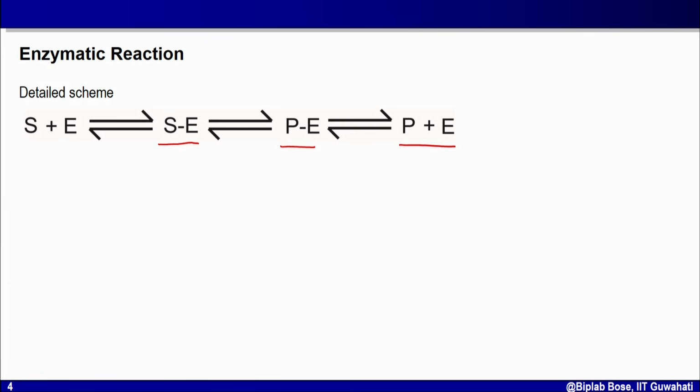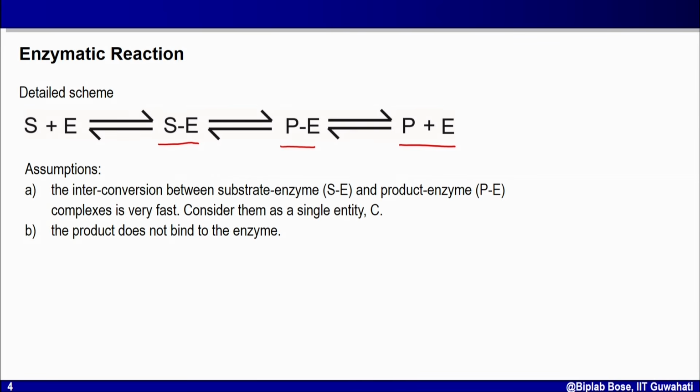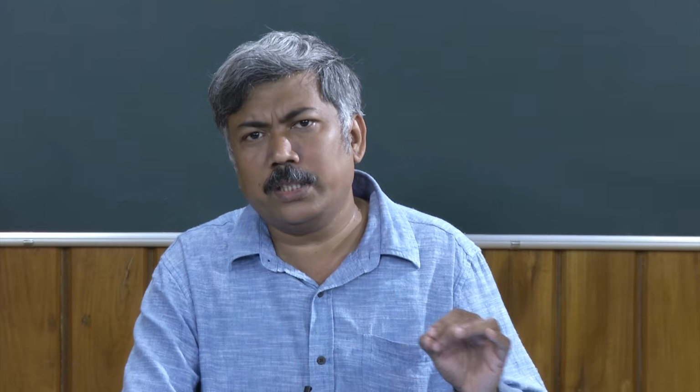Now I can make certain assumptions here which are rational assumptions, and I can reduce this system further. What can I assume? I can assume that SE and PE, this conversion, substrate enzyme complex and product enzyme complex conversion, is very fast, and in fact it is very difficult even in experiment to identify substrate enzyme complex and product enzyme complex separately.